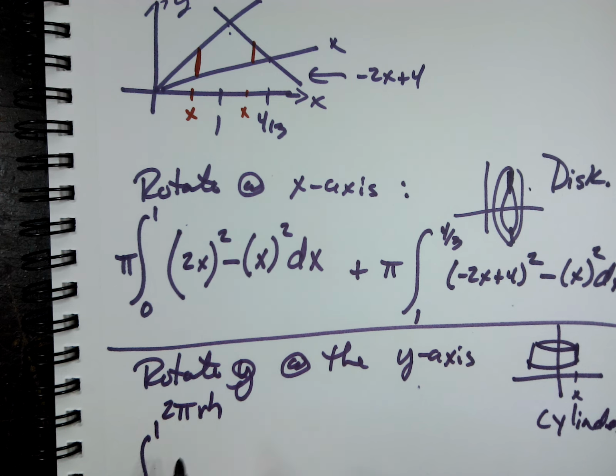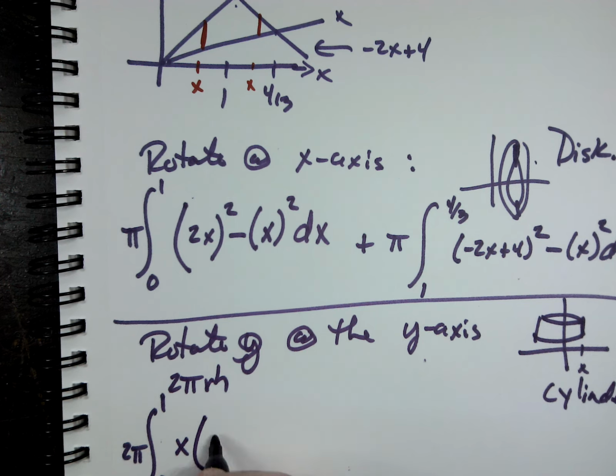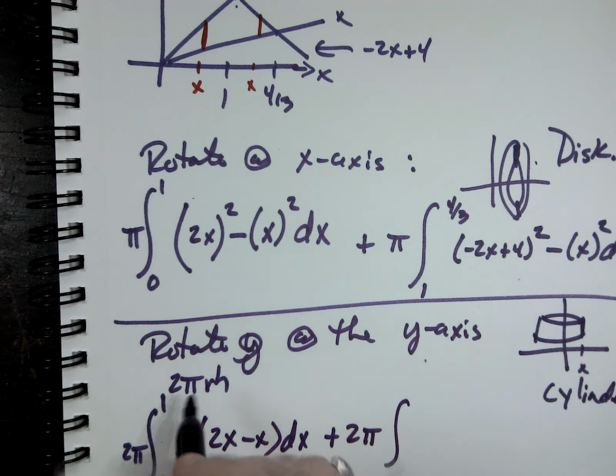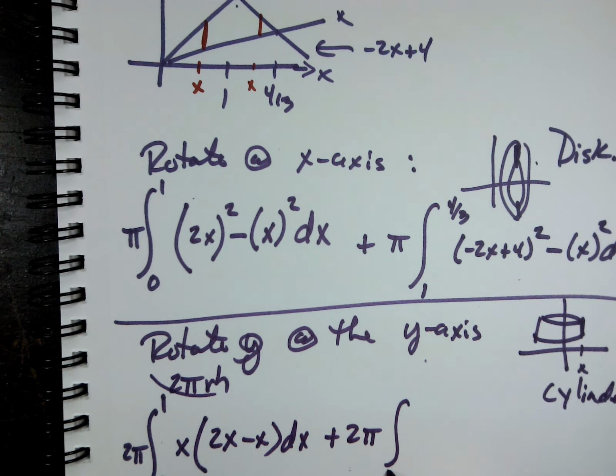Integral from 0 to 1, 2 pi to put up front. And in all of them, my radius is x. In the first chunk, the height is 2x minus x. My second chunk, 1 to 4/3. Now my top function is negative 2x plus 4.